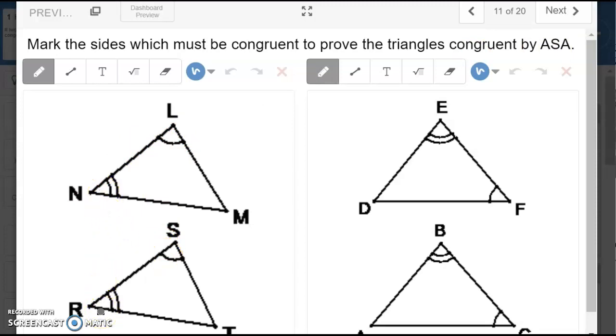And I need the side in between to be congruent. So between this angle and another angle, the side that is congruent will be this, right? What about this? I have one pair of angles here, another pair of angles here. So I need the side that is in between like that.